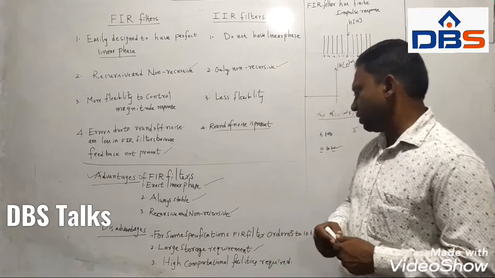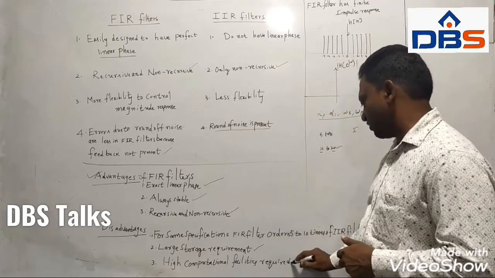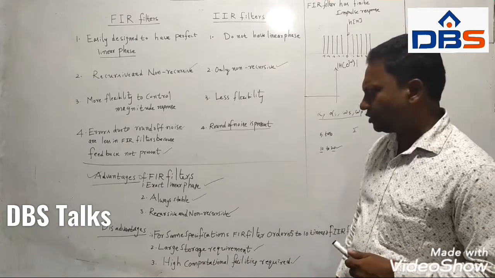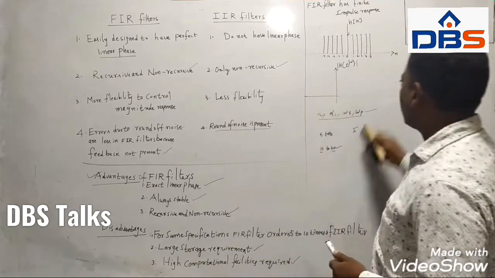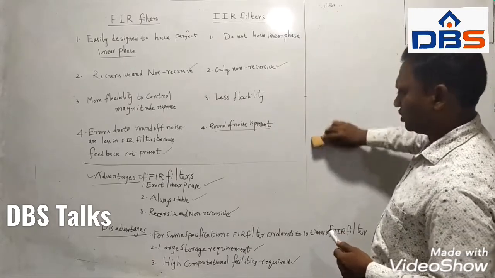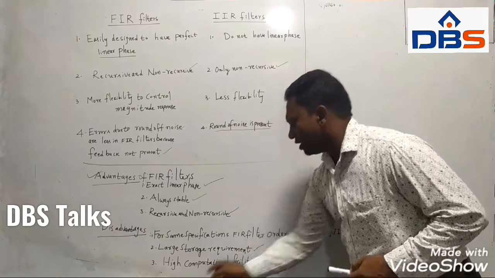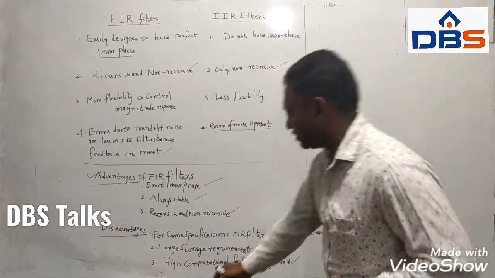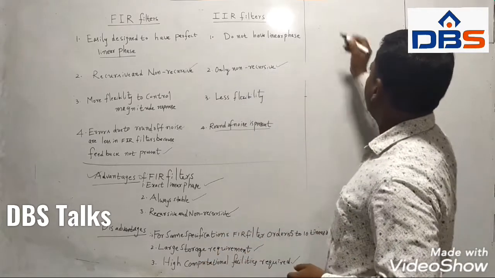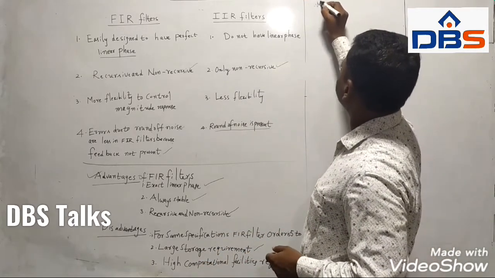Coming to the next one, higher computational facilities are required, because computational facilities means multipliers, adders, and delay elements, which we have seen in the third unit.